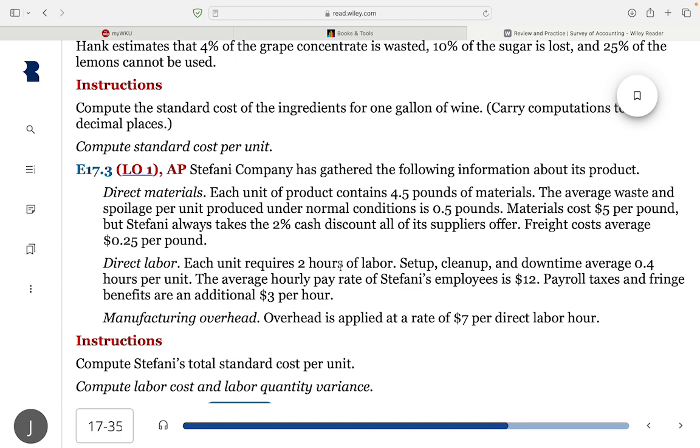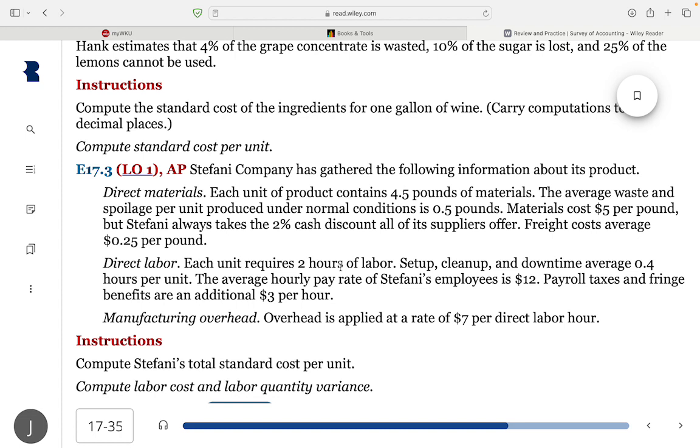So what that means is that even though the materials cost $5 per pound, Stefani is not going to pay $5 because Stefani always takes the 2% discount. So if Stefani is getting a 2% discount, that means Stefani is only paying 98% of the $5. So 98% of the $5.